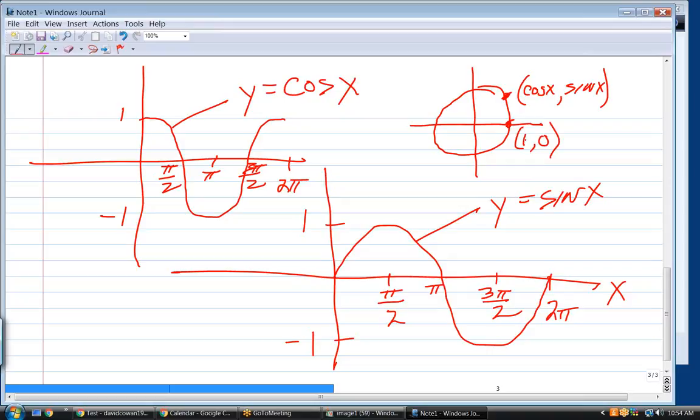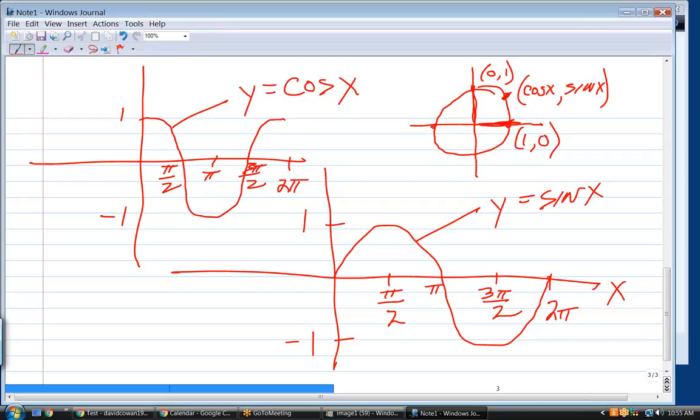Therefore, the cosine of 0 must be 1, and the sine of 0 must be 0. So this is just another way to memorize your quadrangles. If I have a 90-degree angle, the point right there is (0, 1). So the cosine of 90 degrees is 0, and the sine of 90 degrees is 1.